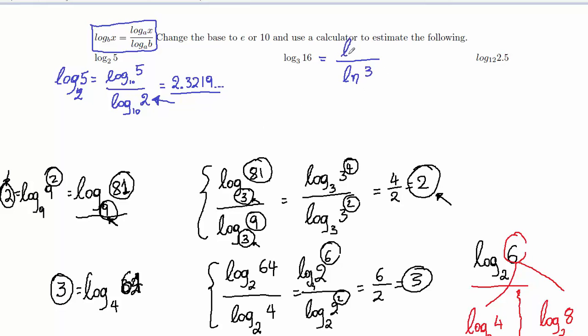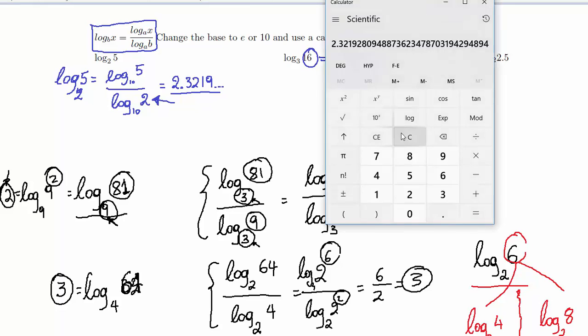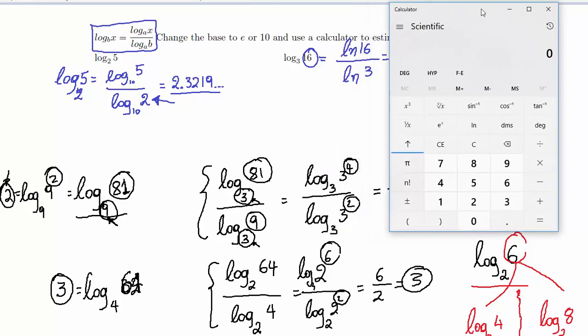And the numerator will be the new logarithm with the new base of whatever the number I had before is. That will be my answer, ln of 16 divided by ln of 3. How do I calculate that? Well, I change that to ln so I can see it, and I want to calculate ln of 16 divided by ln of 3. The answer is 2.5237.